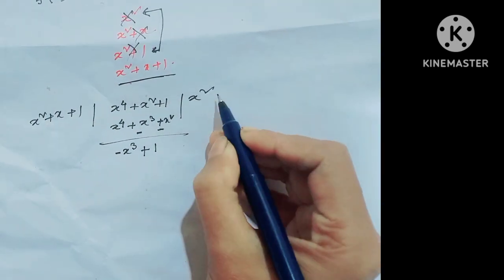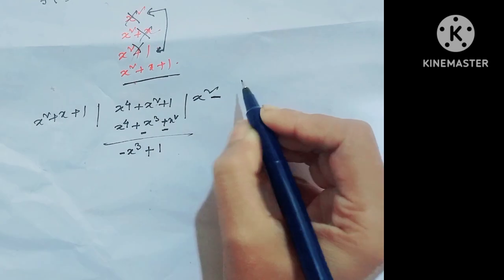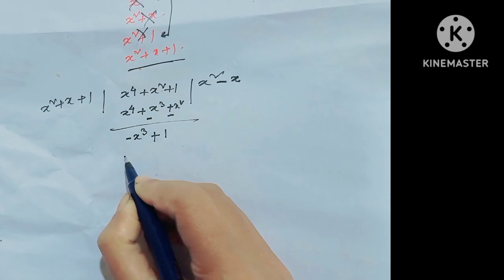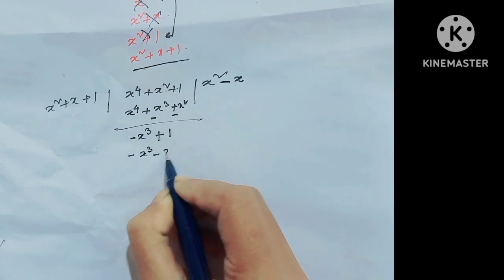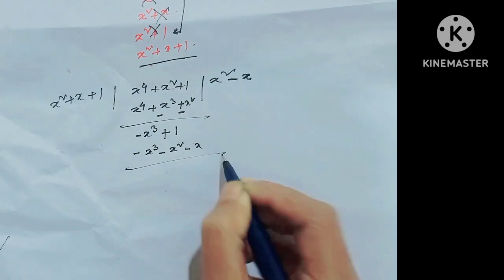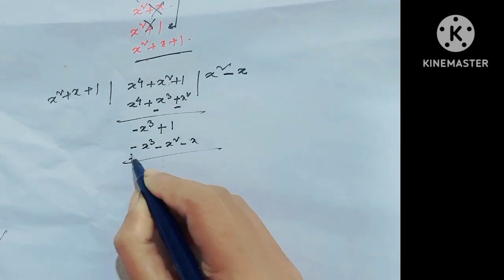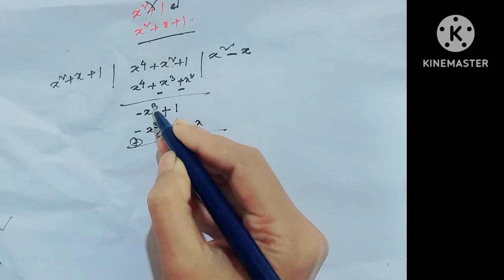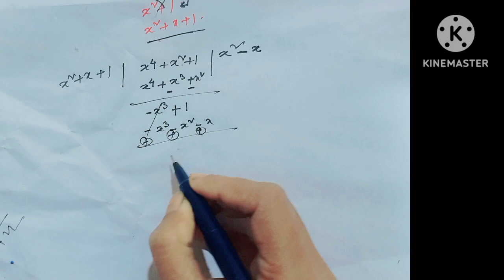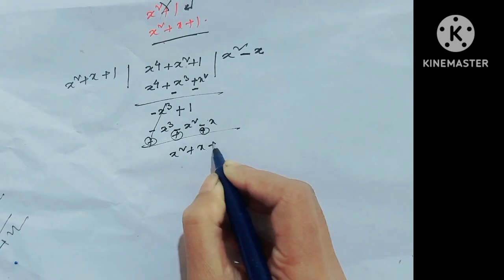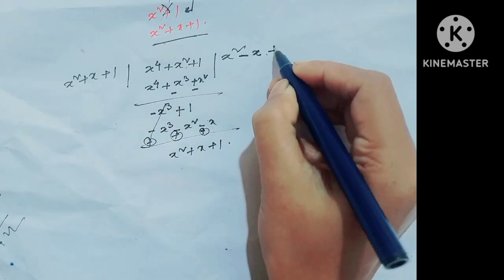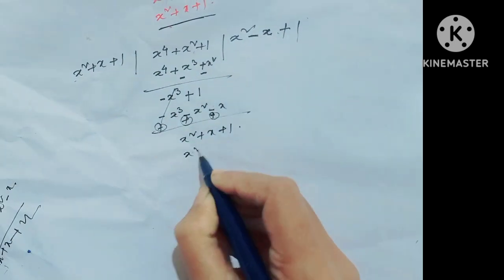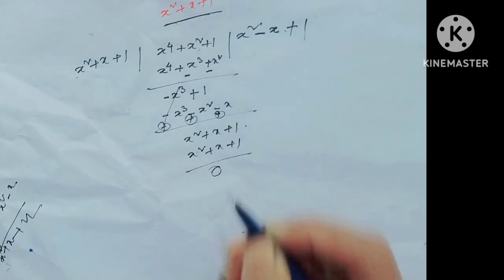Then multiply this part by x, then this value would be x^3 + x^2 + x. Just omit this part, then this value would be x^2 + x + 1. Here it would be just 1 because this part is equal. x^2 + x + 1, this value would be 0.